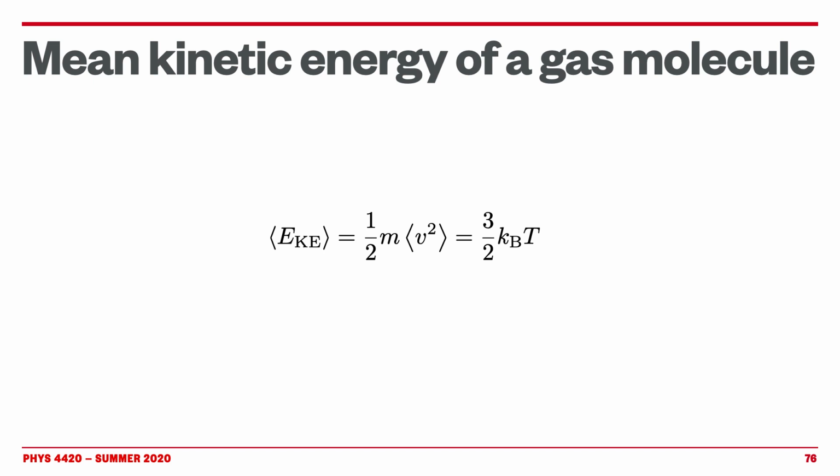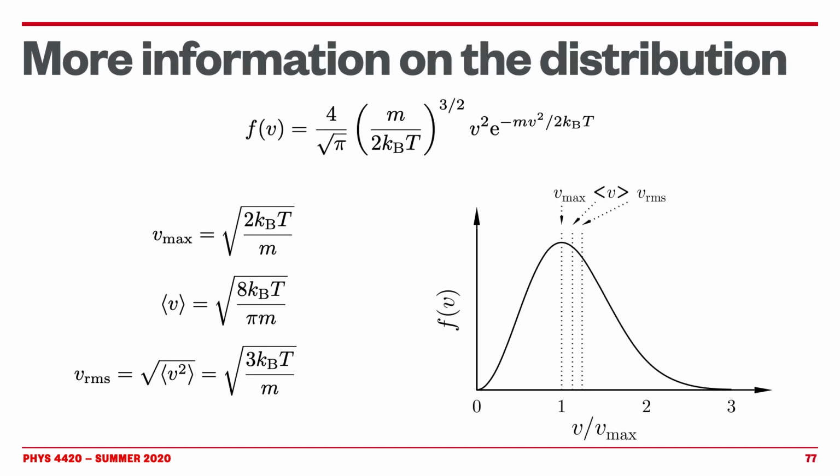Just to repeat something that I already said, but in one single slide now, this is essentially a very good summary of what we need to know. At the top is the Maxwell-Boltzmann equation, the distribution. We have the value of the maximum, so to find it, you just differentiate f of v and find the maximum value, then the expectation value, and then the root mean square.